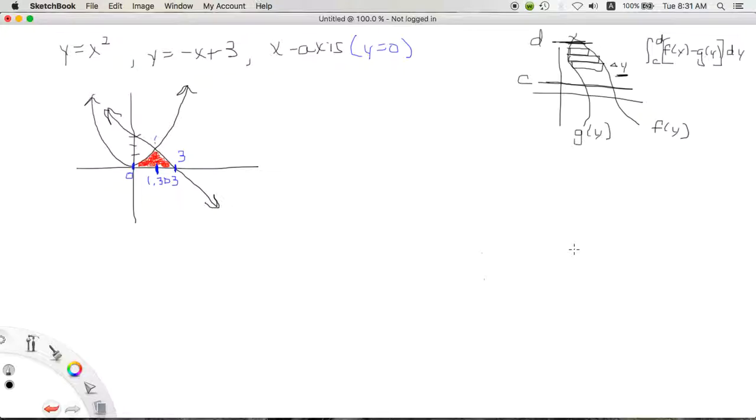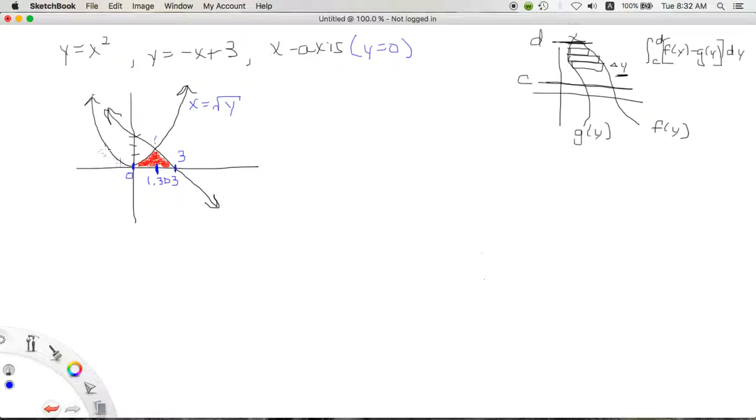So what we need to do is see if we can do this in terms of y by getting our functions in terms of y. So here we've got y equals x squared, which means for this side here, we have x equals the square root of y.